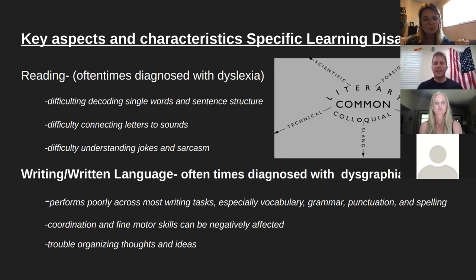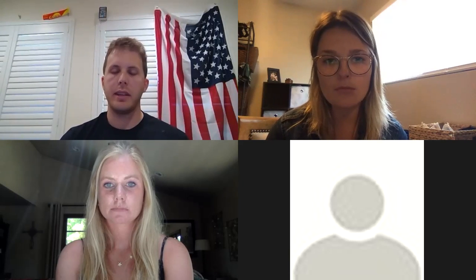In terms of written language, these are sometimes known as dysgraphia. It's usually a poor performance in writing, usually breaking down with vocabulary and grammar, and then punctuation. This often goes back to the reading and the sentence structure, and it can often impact things like spelling and fine motor skills because those are negatively impacted due to the way that the brain is wired.